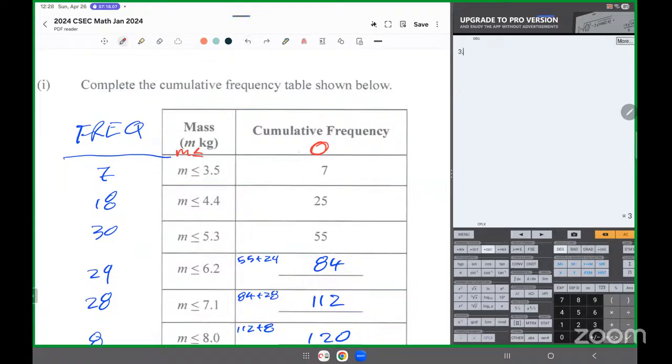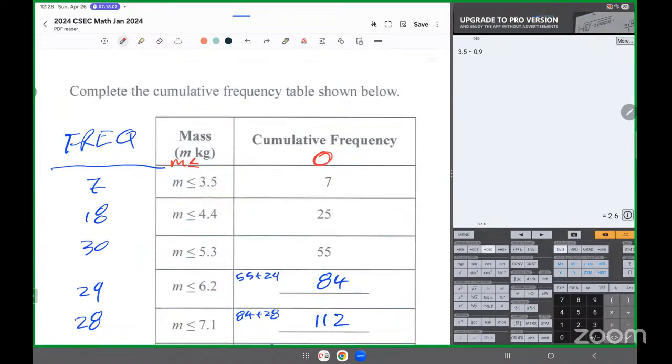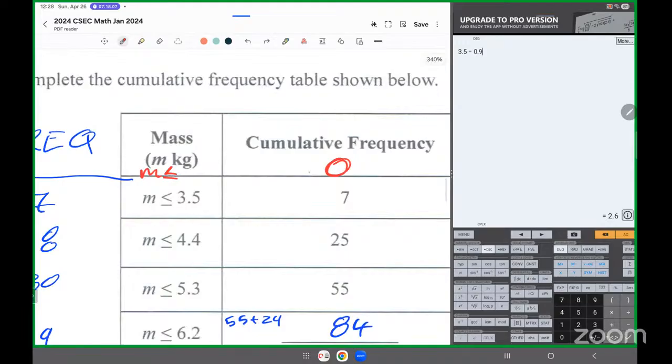So it would be 3.5 minus 0.9. That should be 2.6. This going up by 0.9, that's right. 4.4 minus 3.5 is 0.9. So the value before that would have been 2.6, at a frequency of 0.